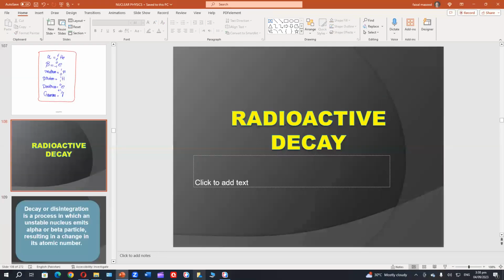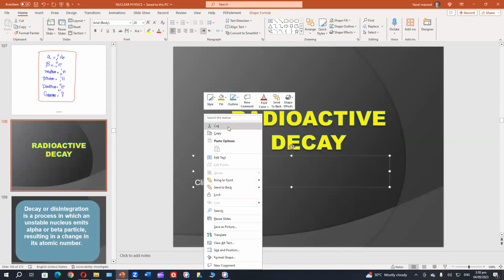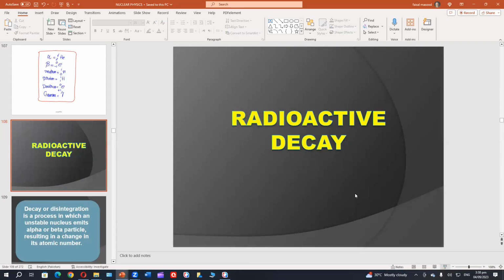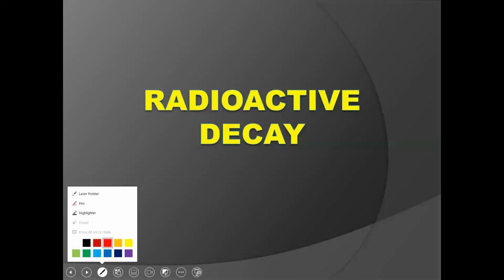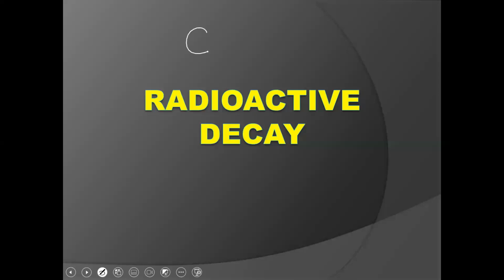You will have to recall some chemistry. In chemistry, when you write an element, suppose carbon 12, 6 is the atomic number. When you write nitrogen 14, 7 is the atomic number. Oxygen 8, and it will be 16.